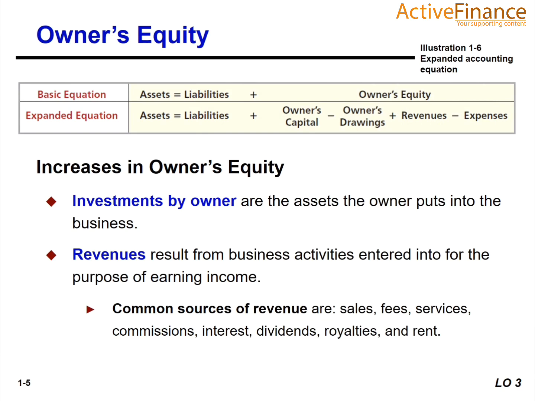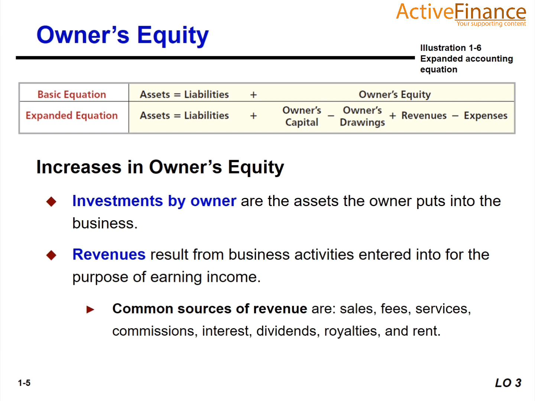Now owner's equity and the expanded accounting equation. We will add some other things in the expanded equation. The basic one is assets equals liabilities plus owner's equity, and in the expanded equation, assets equal liabilities plus owner's capital.